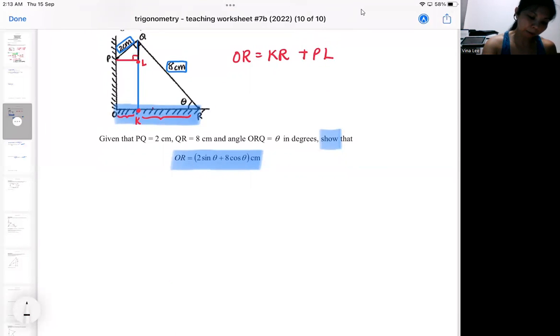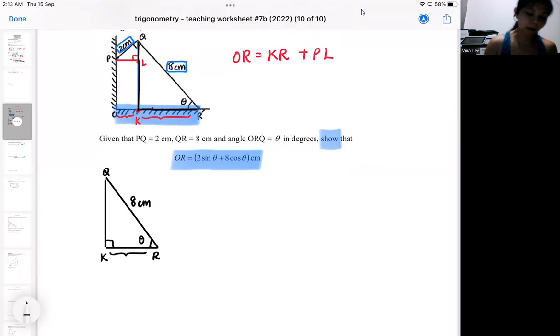I'm going to look at the big one first. This is the big one with the 8 centimeter with the theta.